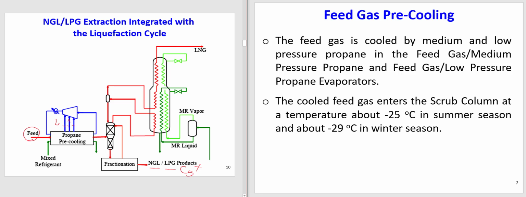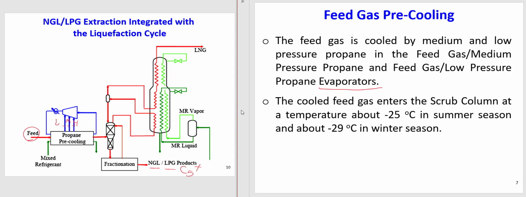Each of these blue lines is connected to one evaporator: the low pressure evaporator, medium pressure evaporator, and high pressure evaporator. We already talked about this in unit 4, so no need to go through the details.